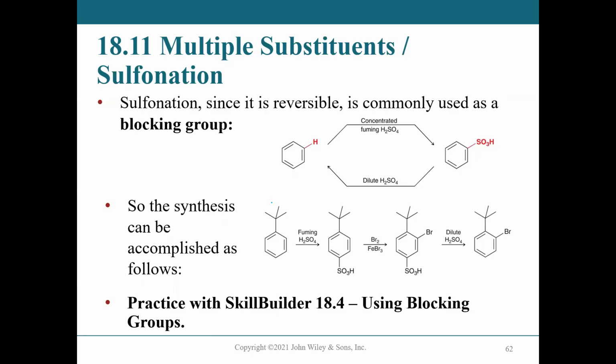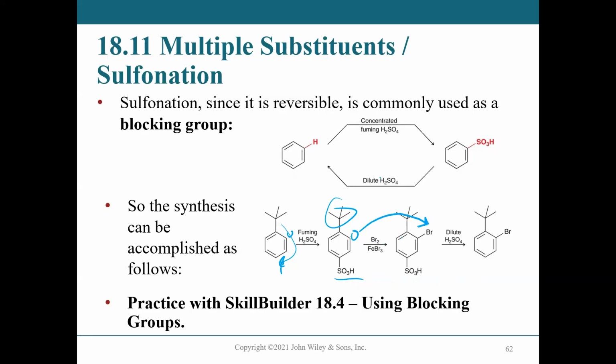So we have this group right here. We have a tert-butyl group. We add our fuming H2SO4. Remember, this is going to be an ortho para director, so we're going to be putting it right here in the para position. And it's really not going to occur in the ortho position because this is a big tert-butyl group right here. So then with our bromination, there's only really one spot to put the bromine, and that's in the ortho position, isn't it?